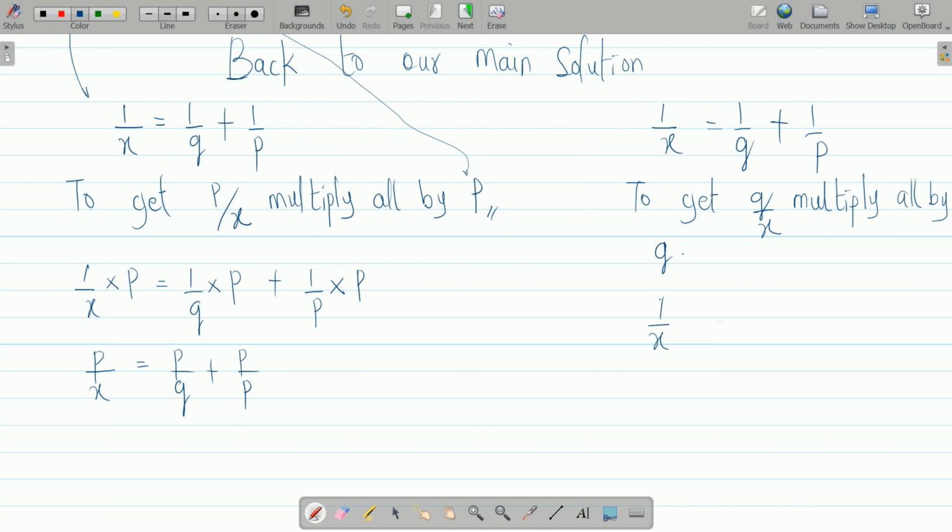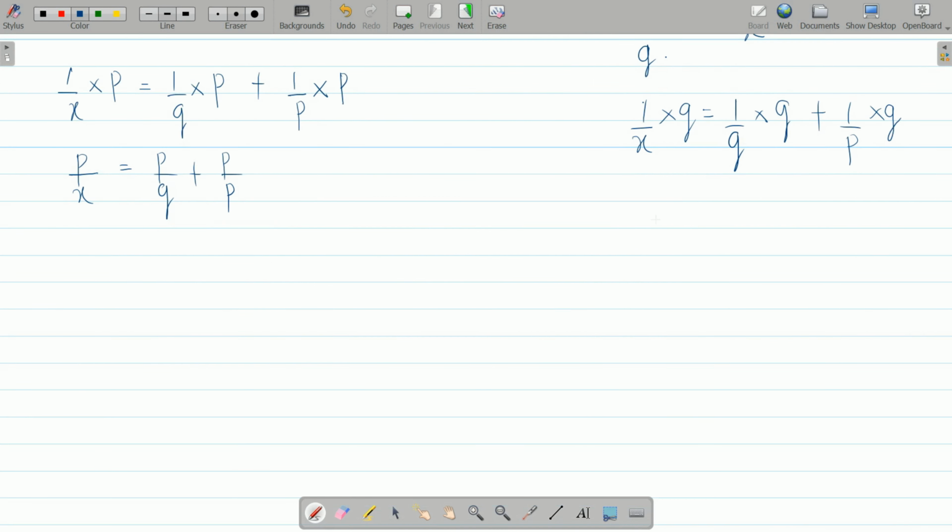We do the same for the second equation. 1 over x times q, 1 over q times q, 1 over p times q. 1 over x times q is q over x, 1 over q times q is q over q, and 1 over p times q is q over p.